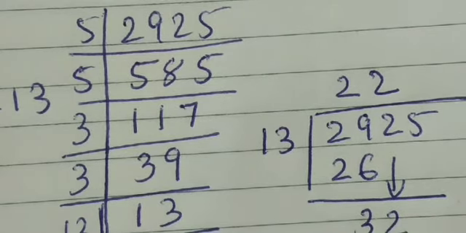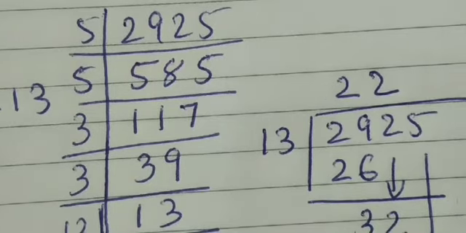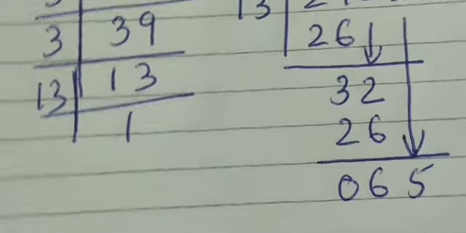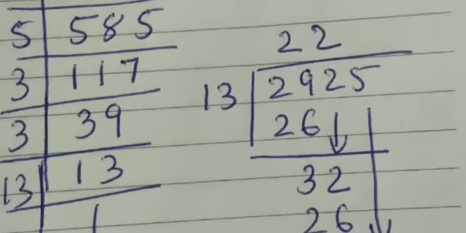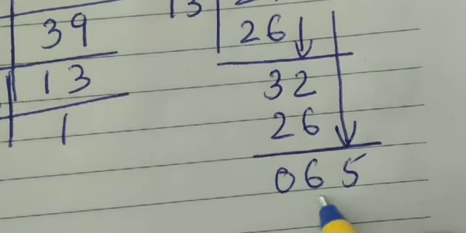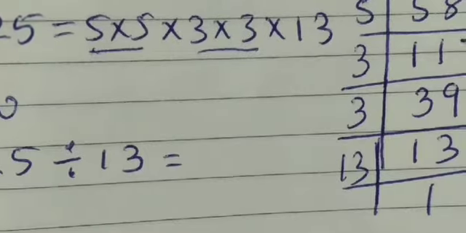Subtract it, you will get 6. Bring down 5. Now you have 65. So now what will you do? 13 5s are 65. Okay, 13 5s are 65, and so you have got the answer 225.